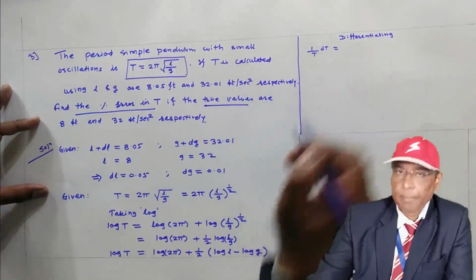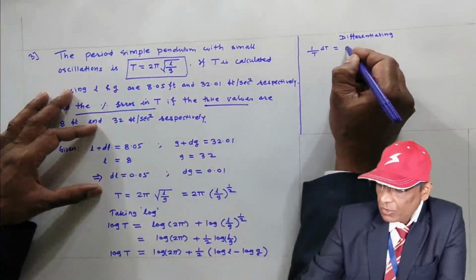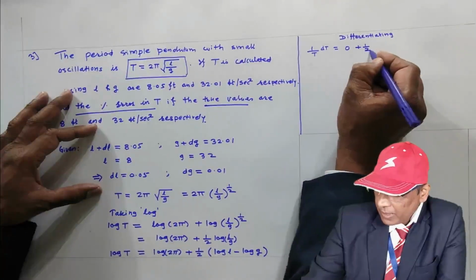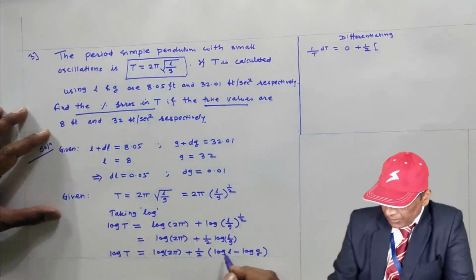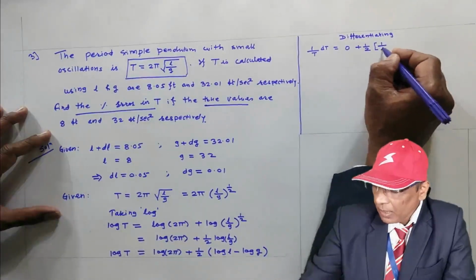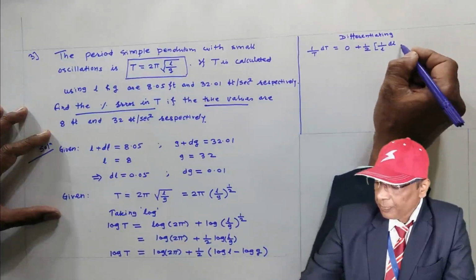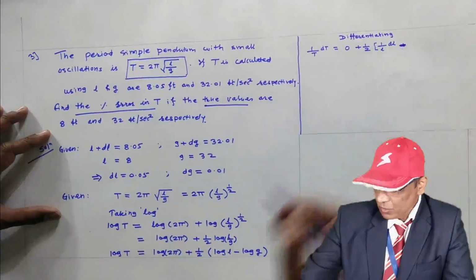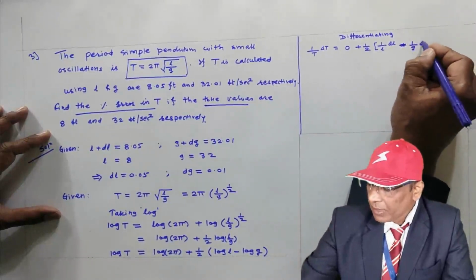Now, derivative of a constant is 0. 2 pi is a constant, so log of 2 pi will be constant. 1 by 2 is a multiplicative constant that can be written outside. Derivative of log L is 1 by L dL, plus derivative of log G is minus 1 by G dG.